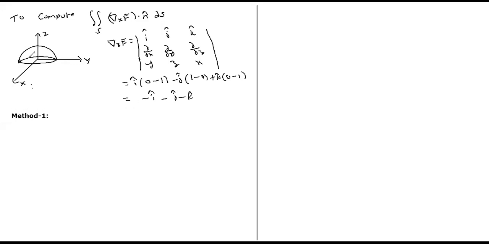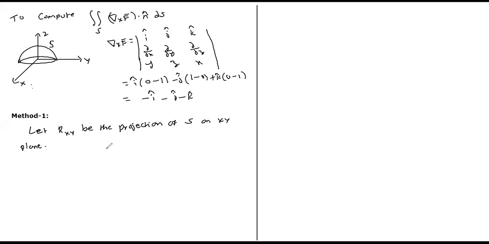Now in method 1, we'll take the projection of the surface S on the xy plane. Let Rxy be the projection of S on the xy plane.